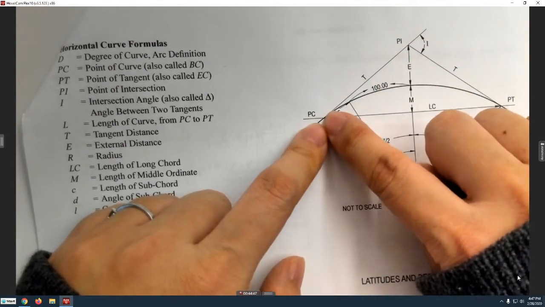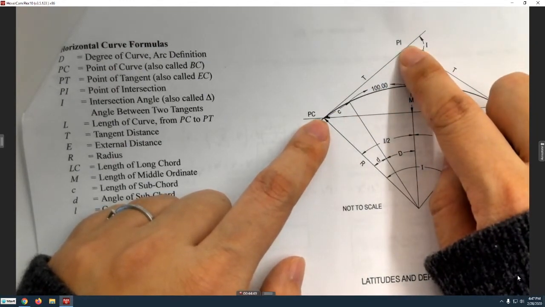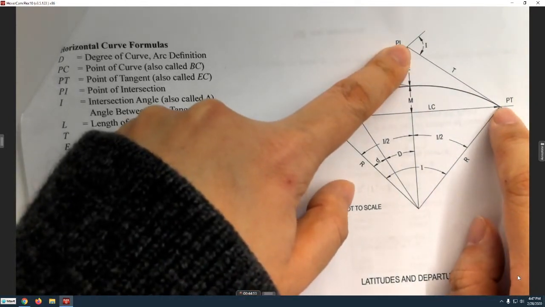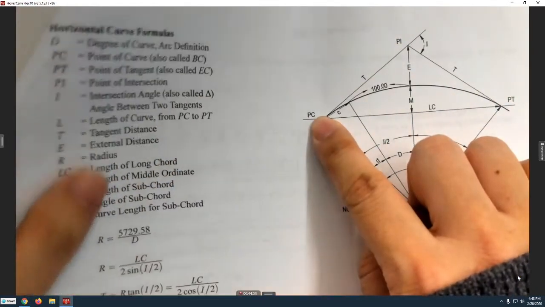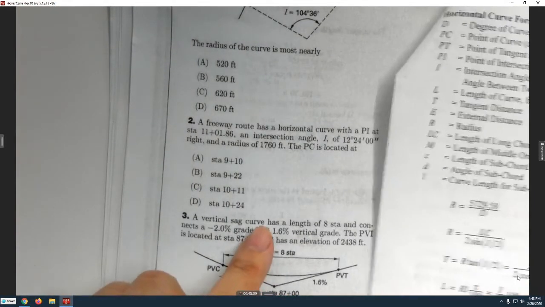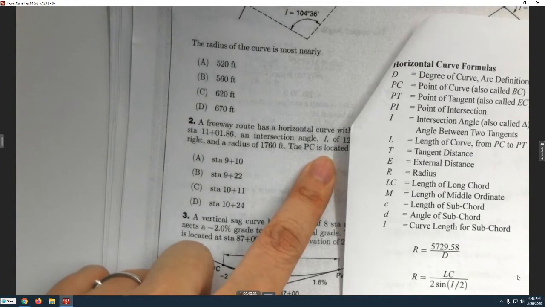And then PC therefore is station of PI minus T. This relationship does not hold true between PI and PT station number. Remember that? So all the station numbers need to be traced back to PC. So in this case, the PC is located as PI minus T.